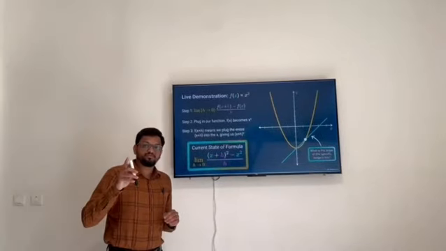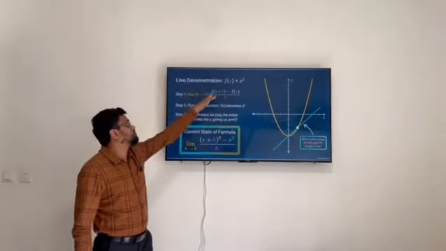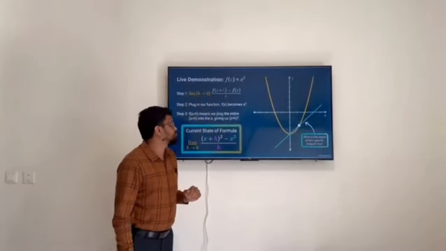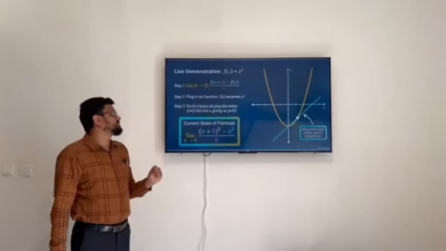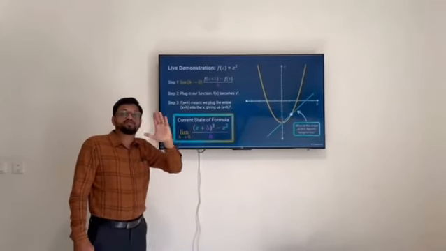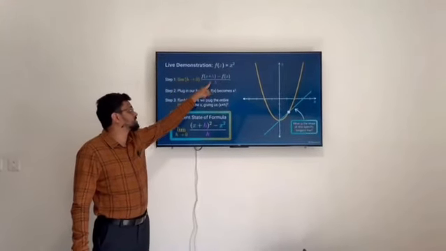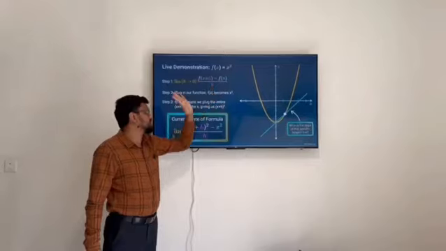Now, let us give a live example for that. Consider the equation f of x is equal to x square. Now, we substitute in the first principle of calculus, limit as h approaches 0, f of x plus h minus f of x over h.